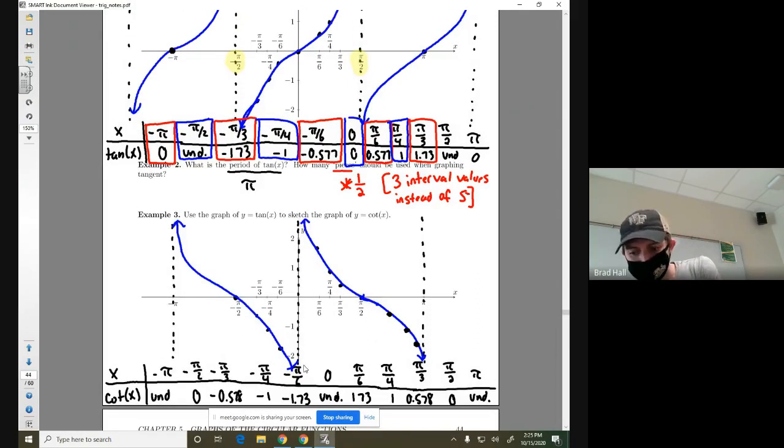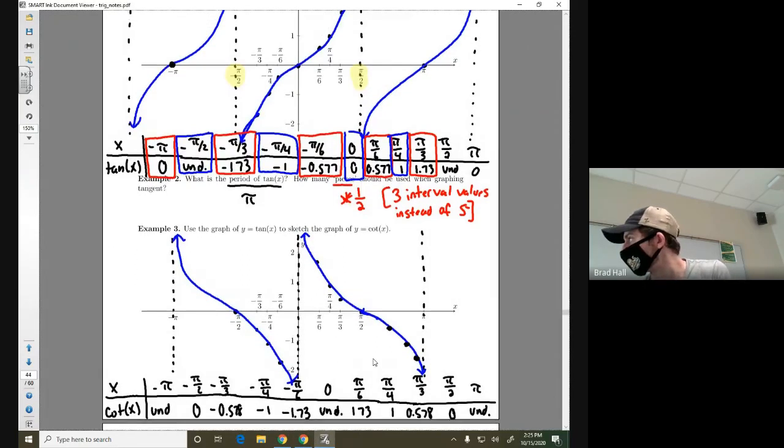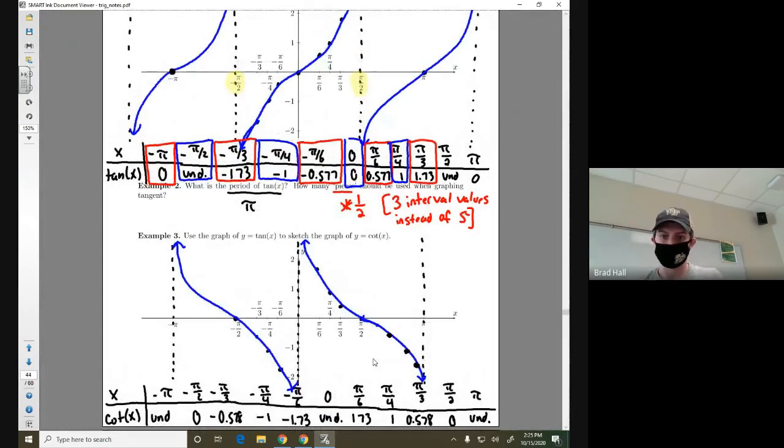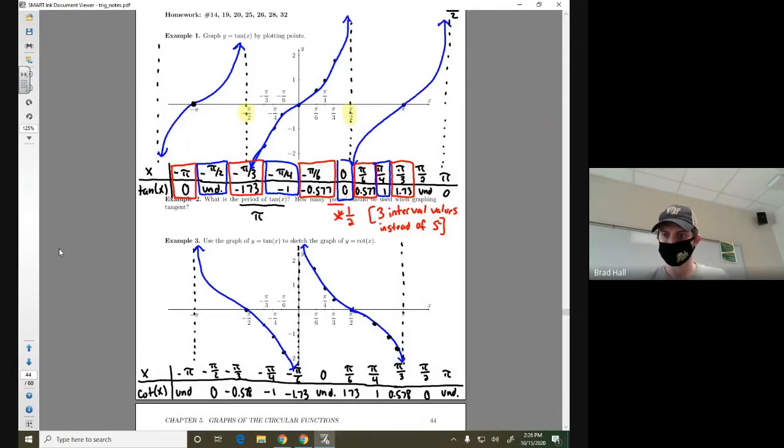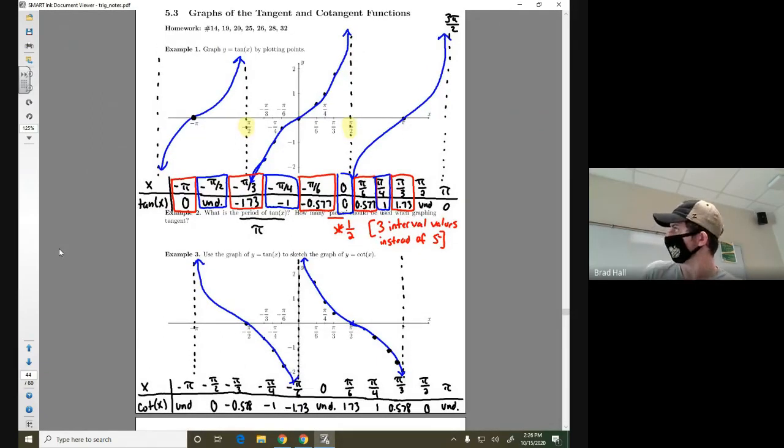So as we try to fit both of these onto the screen, as we can see, one of the graphs increases, the tangent one, as opposed to the cotangent graph on the bottom, which decreases naturally.